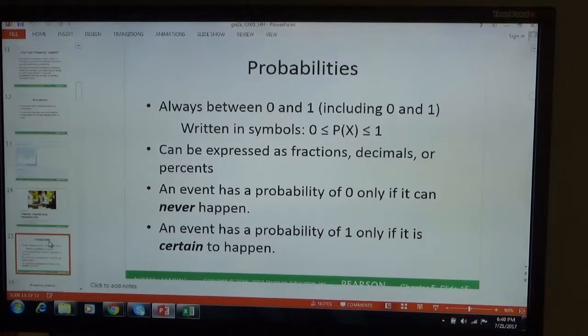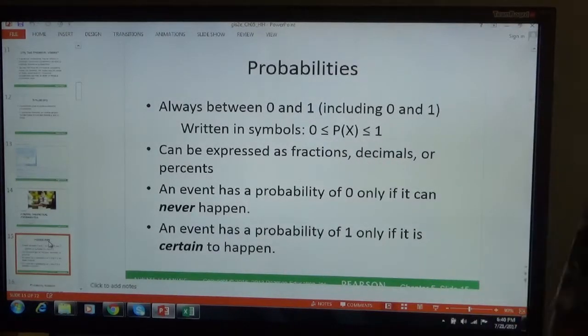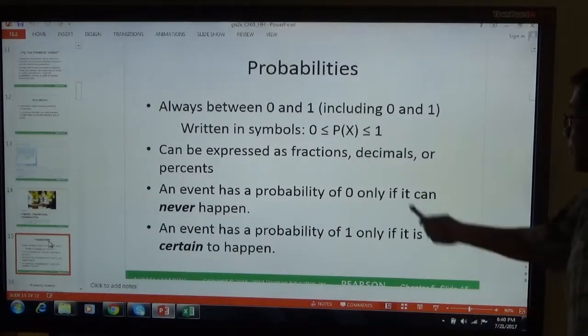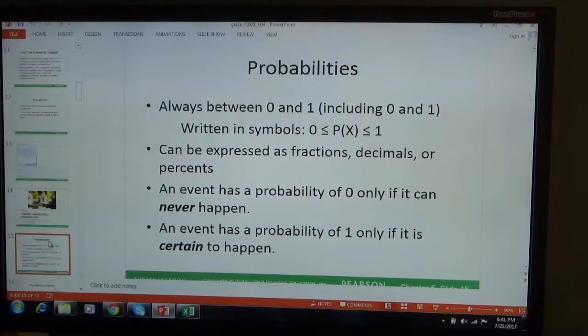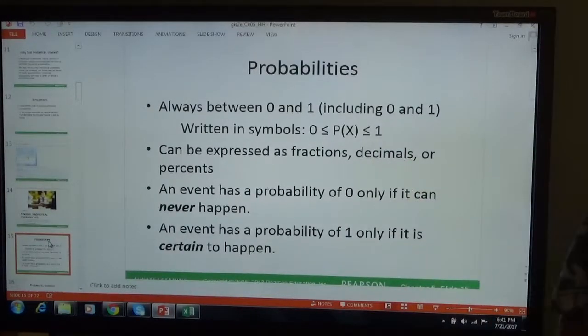If it's 0, then that's called an impossible event. It's not going to happen. If it's equal to 1, it's called a sure event; it is going to happen. But more likely, we have probabilities in between 0 and 1, between the impossible events and the events with certainty.